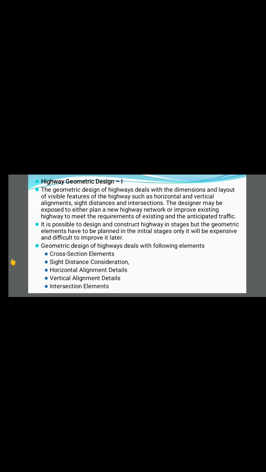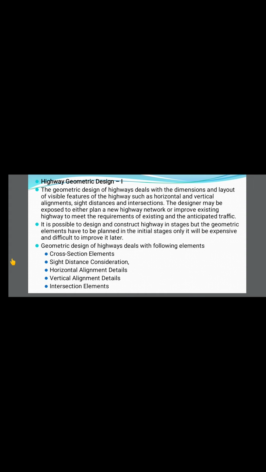Then it is possible to design and construct highway in stages, but the geometric elements have to be planned in the initial stages only. It will be expensive and difficult to improve it later. So whatever highway geometric design parameters we have studied, that is stopping side distance, overtaking side distance, vertical alignment, horizontal alignment, and intersections, these things are to be planned beforehand, so that it is easier to carry out the work.